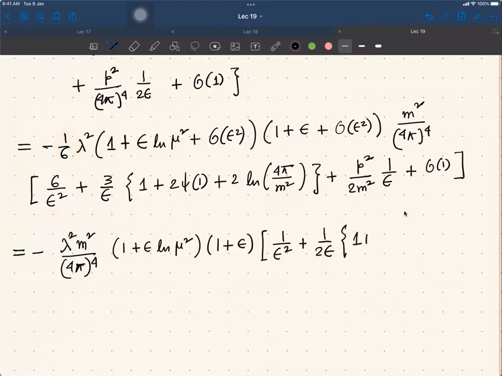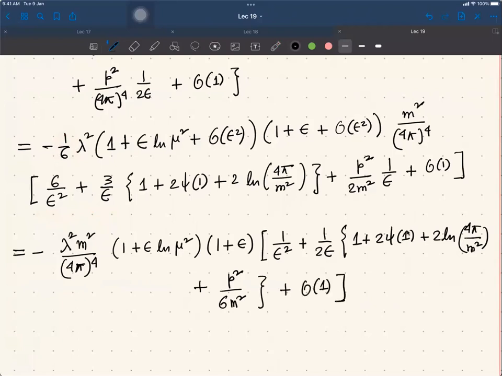And now one has to multiply these three factors here and keep the pole terms only.